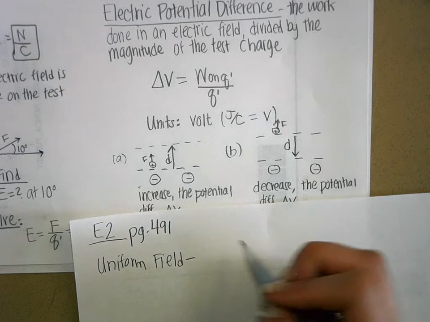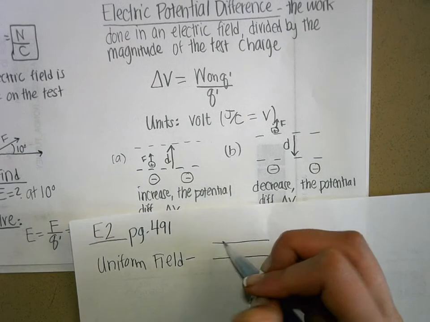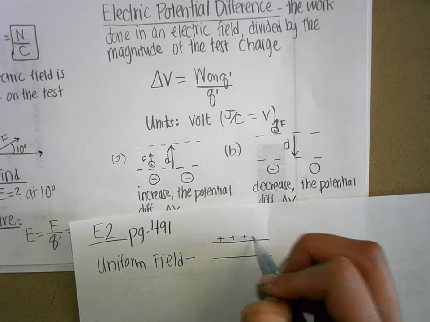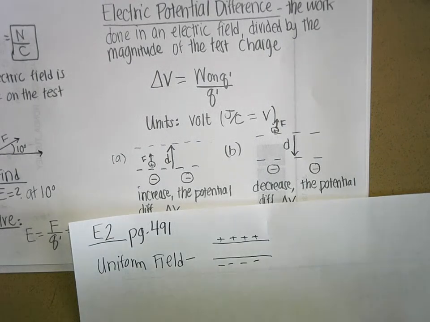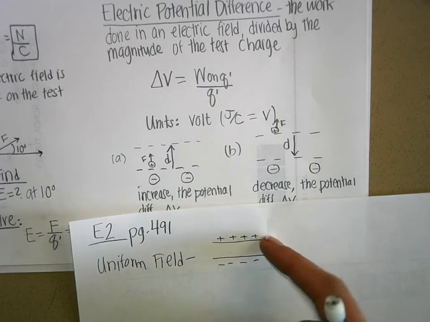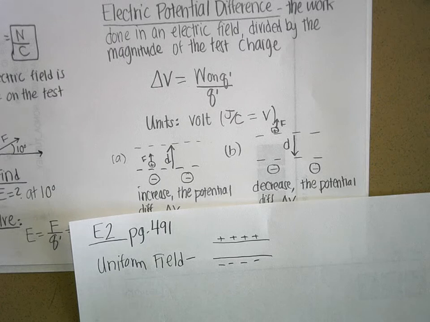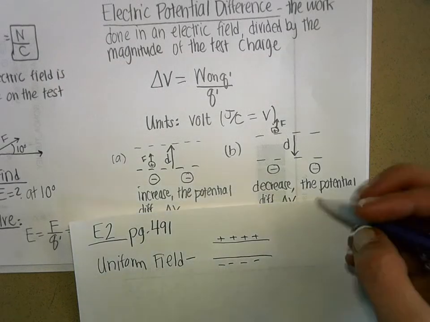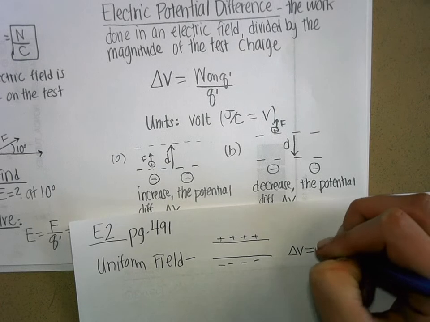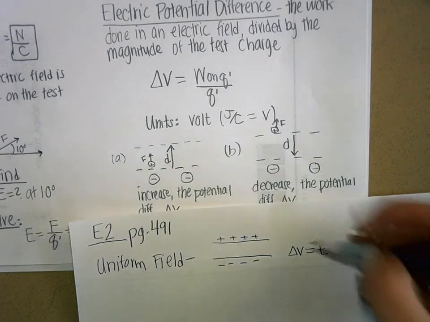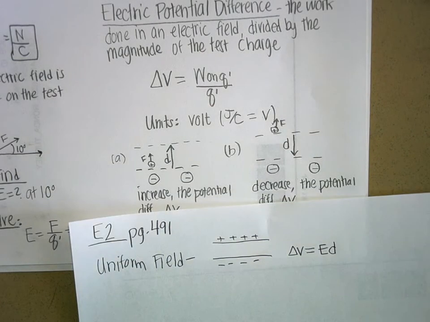So in a uniform field, you have two plates with equal amounts of charge, so they cancel each other out. So the field is uniform in the middle, and you can place a test charge in there. And when you have a uniform field, then you can use the equation that the electric potential is just equal to the electric field times the distance that you're moving the particle.